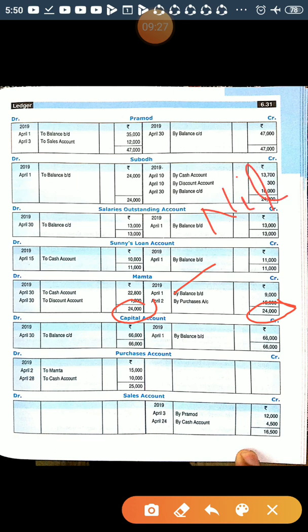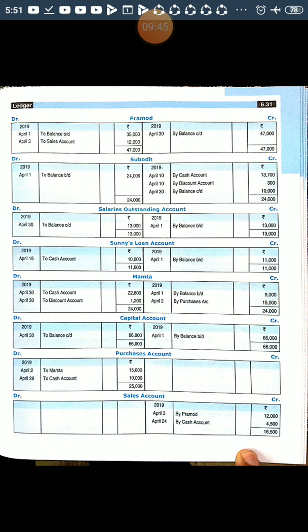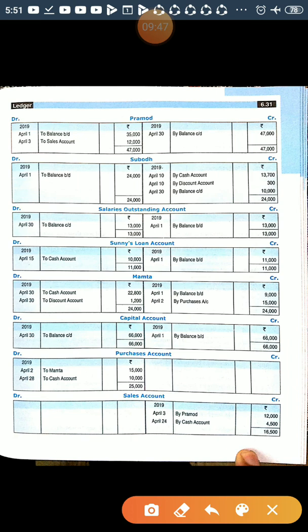As I discussed yesterday, if any account has equal total debit and total credit, then that account is closed. That account has no balance at all. It has nil balance.